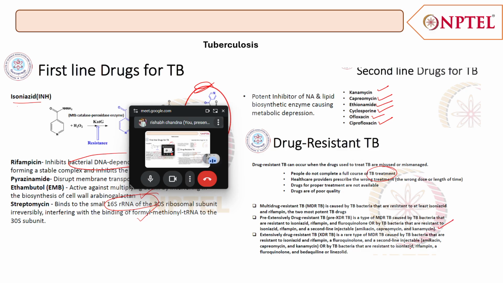Extensively drug resistant TB is a rare type of MDR TB caused by TB bacteria that are resistant to isoniazid, rifampin, fluoroquinolone, and a second line injectable, and bedaquiline or linezolid. So these are the multi-drug resistant bacteria that develop resistance due to either the wrong treatment or the untimely treatment of the drugs.